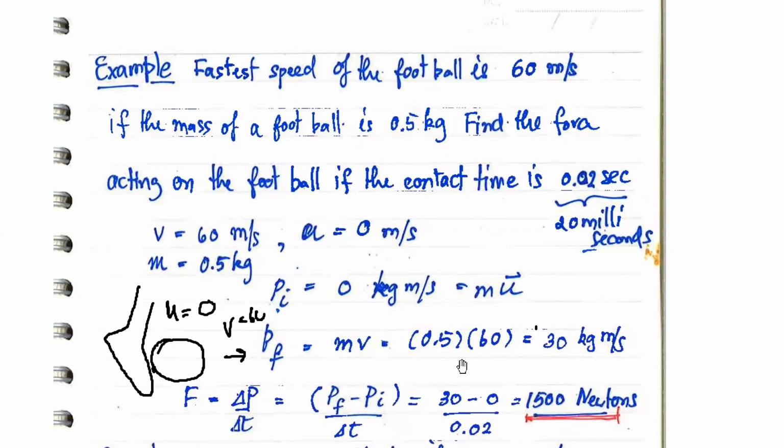And that means the foot has to travel a little bit fast in order to hit that ball. We can think that it's like an elastic collision, but let's work on that later on.